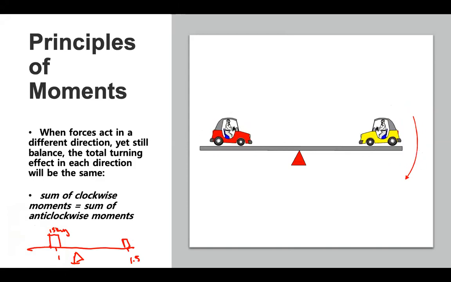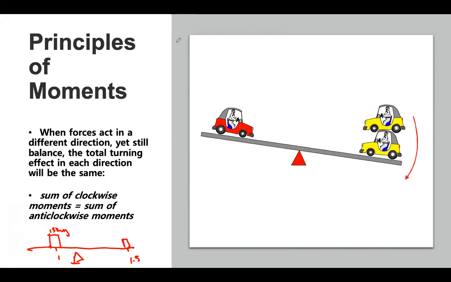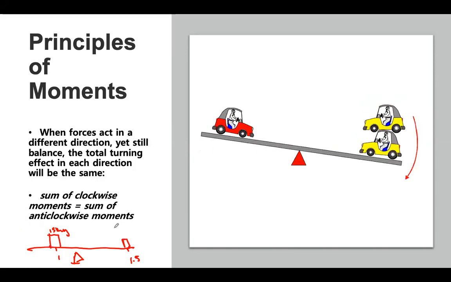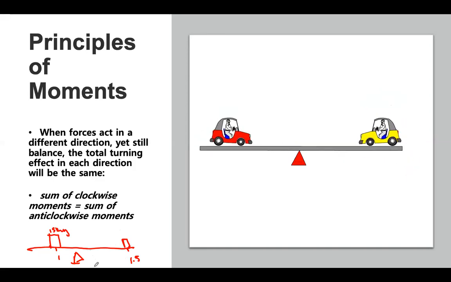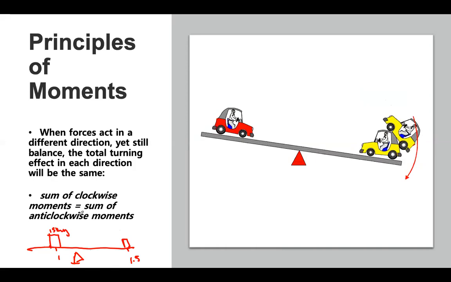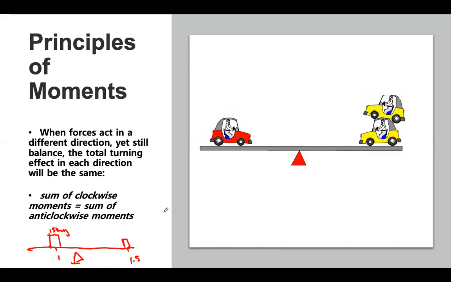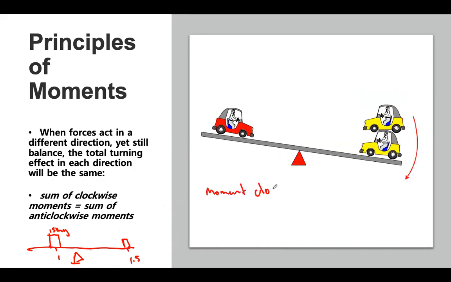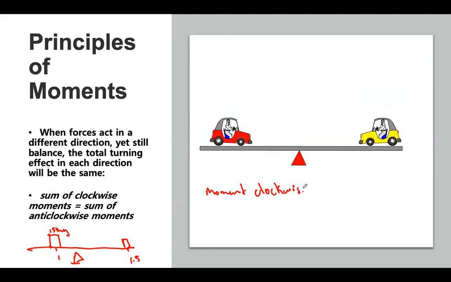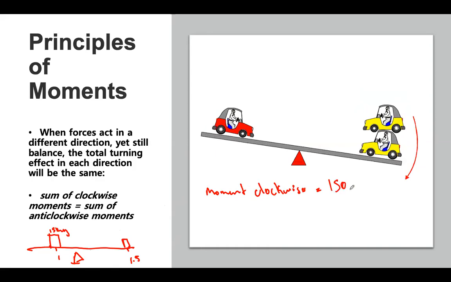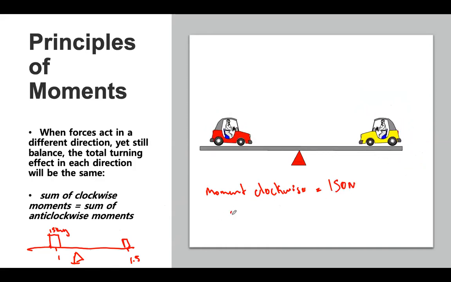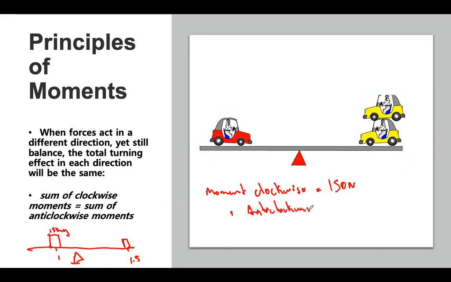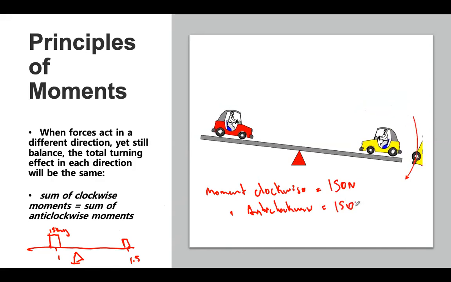And we saw that because we placed the 10 kilogram much further away, at 0.5 meters away from the center, the entire system was balanced, and we proved that the moment clockwise was 150 Newton meters, and moment anti-clockwise was still 150 Newton meters.